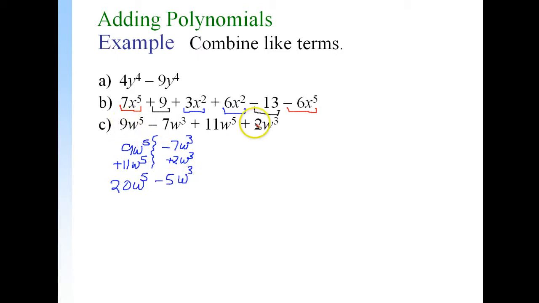Now you could do it horizontally. I like this idea of doing it vertically. That way you've identified your like terms, and remember, variables never change. It's only the numerical coefficients when you're doing this.